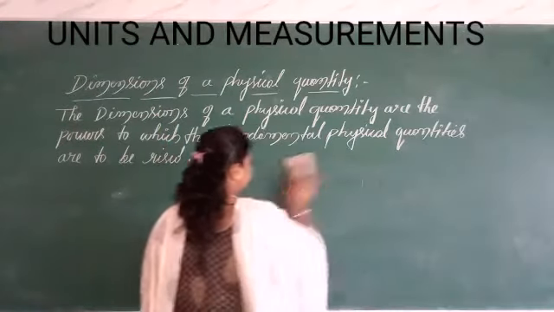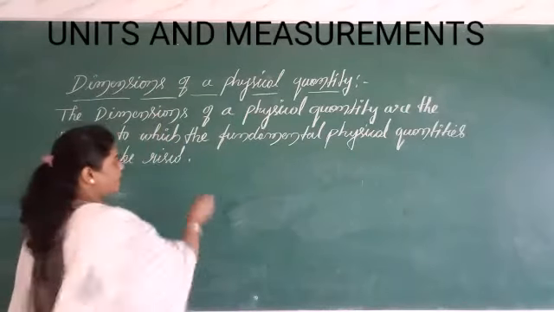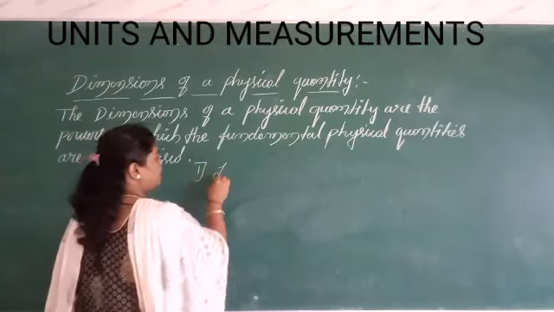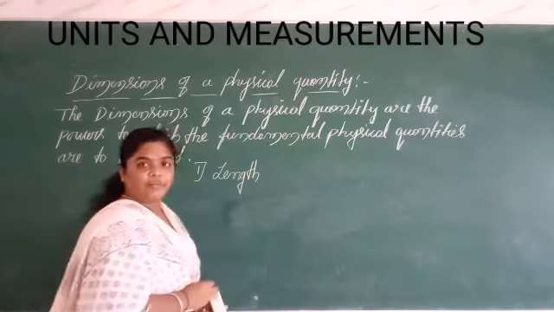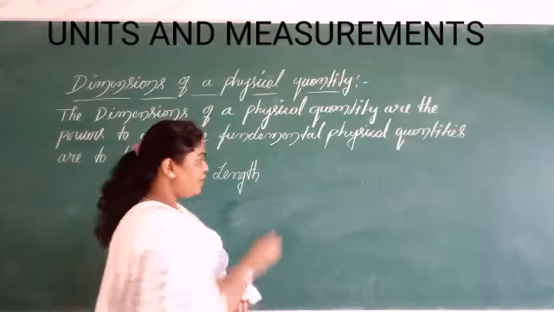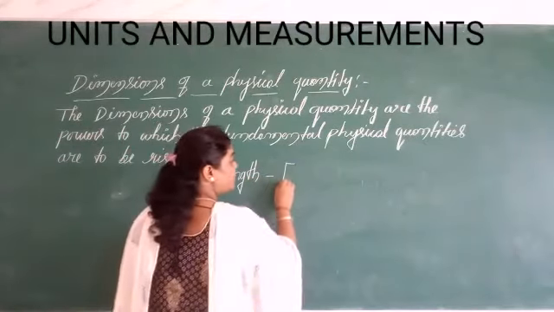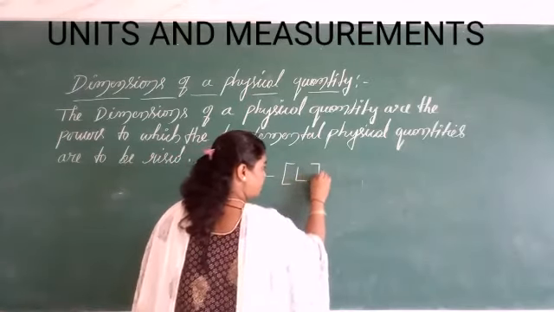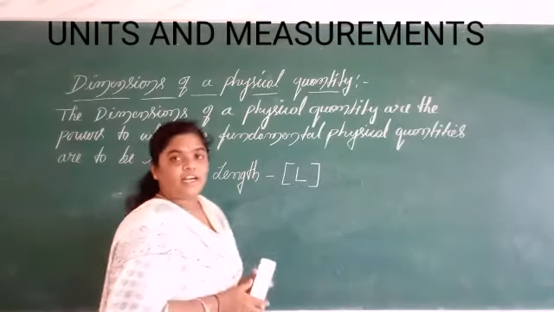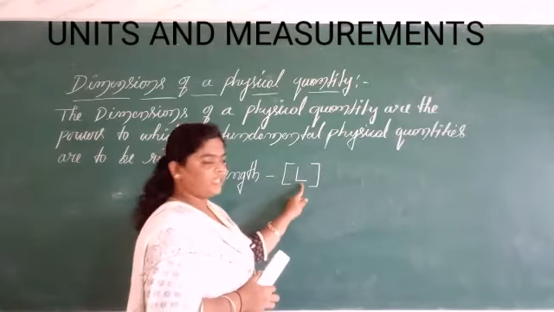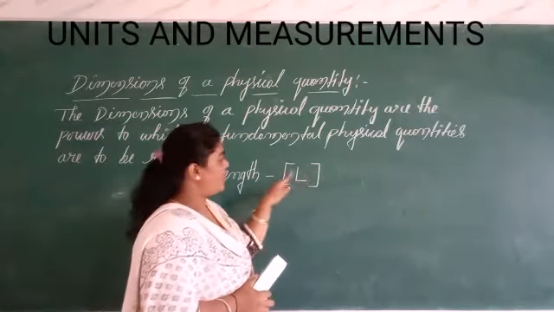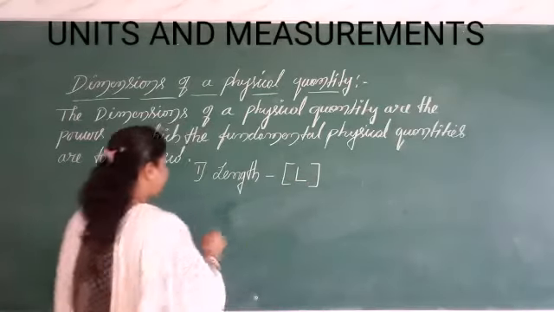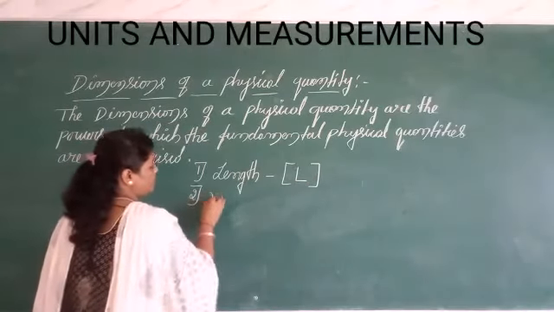The first fundamental physical quantity is length. The dimension of length is L. When we write the dimension of length, it is always represented by the capital letter L, inside square brackets. Then the second one is mass.